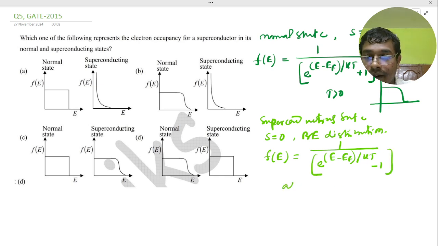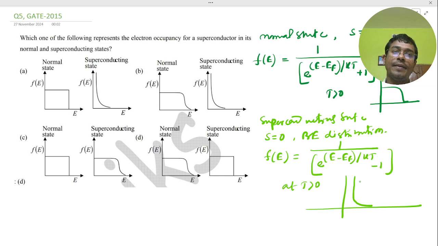So this graph at temperature T greater than 0 would look like this one, the Bose-Einstein distribution function. So basically we have option B, for normal state this should hold at T greater than 0, and for superconducting state this would be the graph.